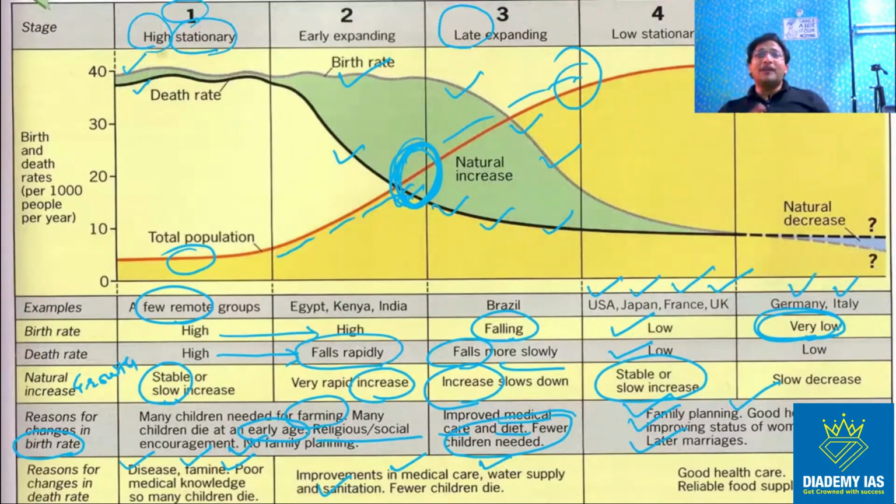ठीक है? So normally you will come across three stages of the demographic transition. Stage one, when there is high birth rate, high death rate. Stage two, when there is a high birth rate, low death rate. Stage three, low death rate, low birth rate, right? But this 5 stage model is the refined version of the 3 stage theory. ठीक है?